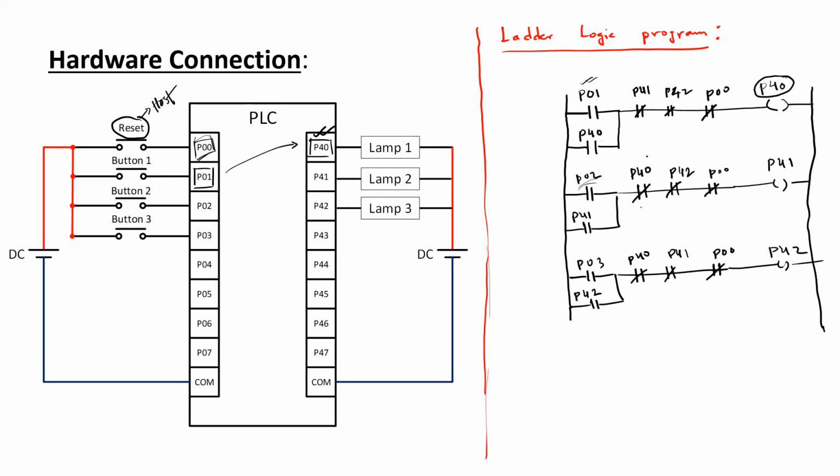Another option could be to place this normally open contact at the very beginning along with the vertical rail, left hand side vertical rail.